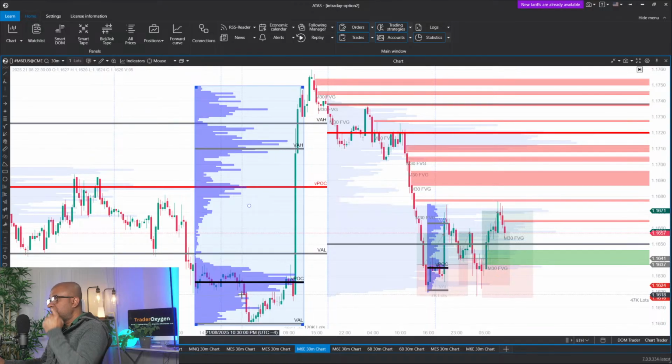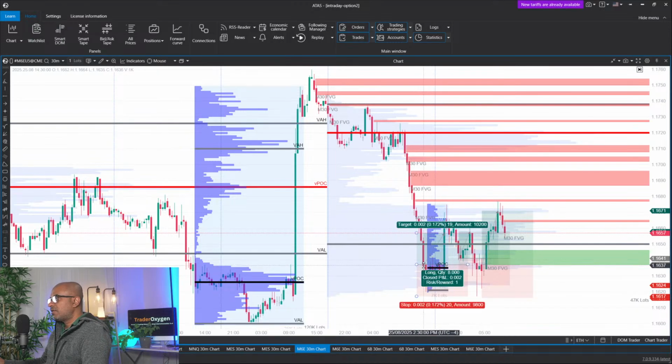We kept this buy limit order, and in the overnight session our entry got tagged. Because we were not monitoring it, we just set up a one-to-one risk reward profit.